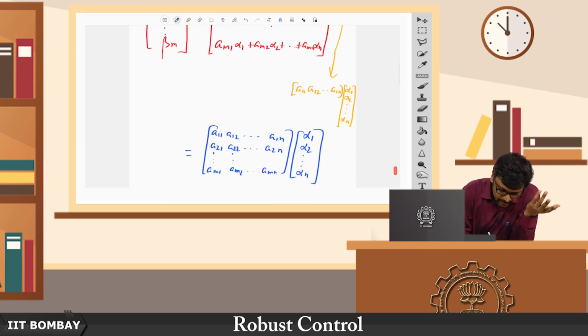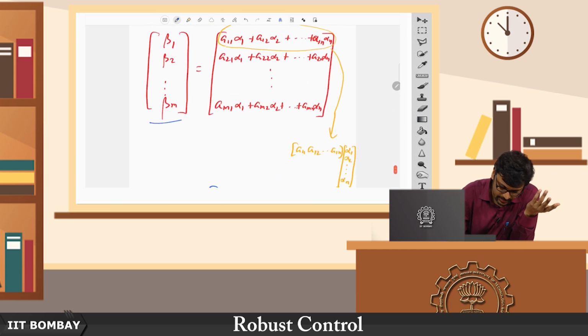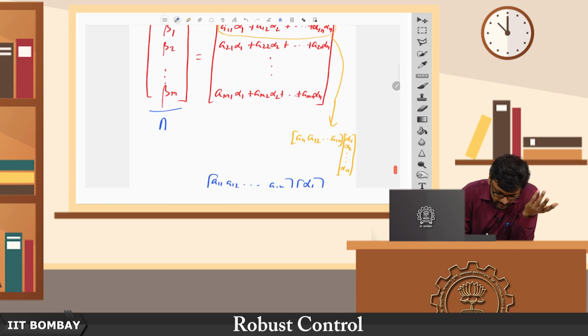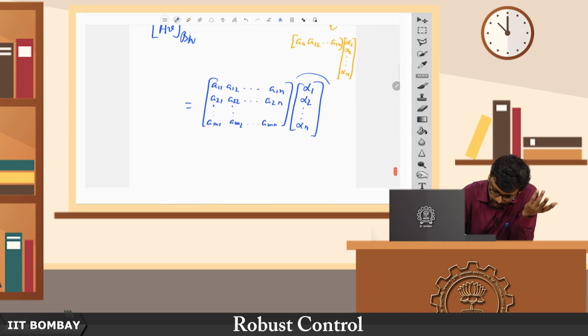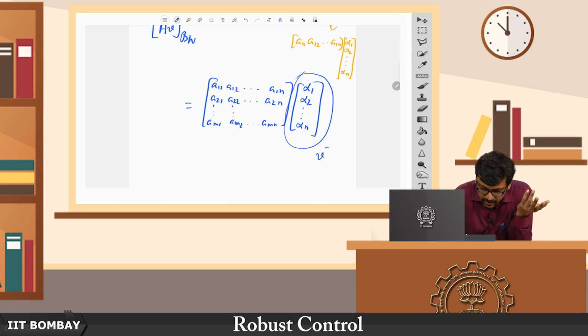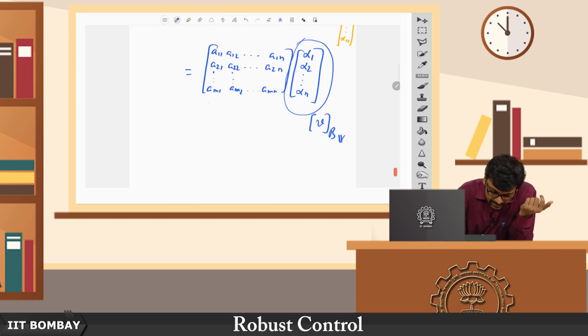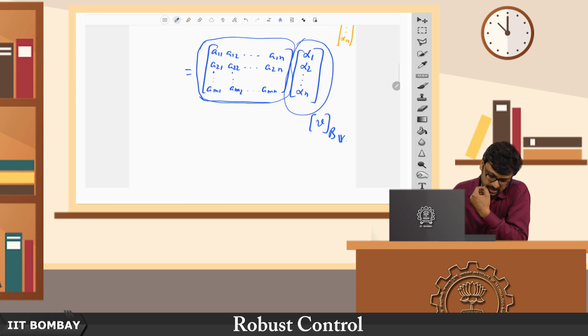If I now look at this object on the left hand side, this is nothing but AV represented in terms of the basis of W. If I look at this object on the right hand side, this is nothing but V represented in terms of the ordered basis for V. And this is an object that we are all very familiar with, nothing but an M cross N matrix.